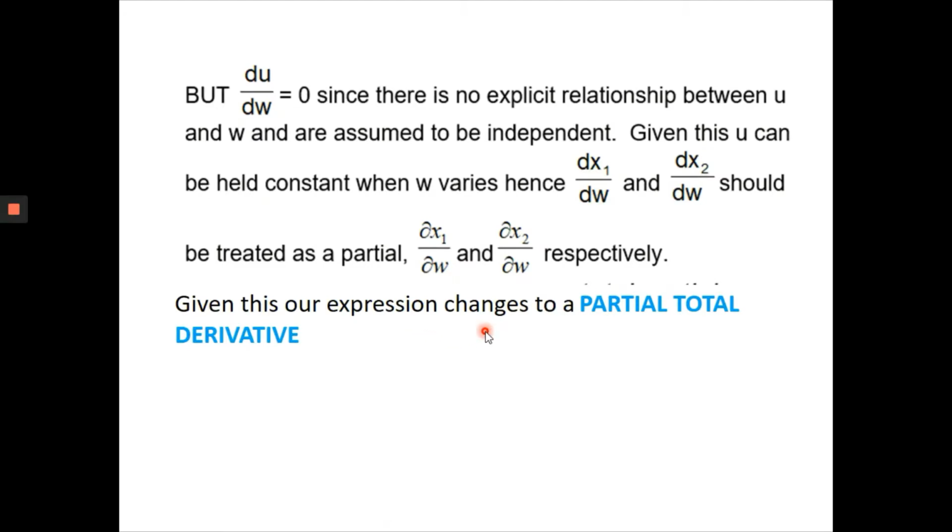So we cannot work out the total derivative because we are holding u constant and we are not allowing all the variables to change at the same time, which would be the case when we calculate a total derivative.